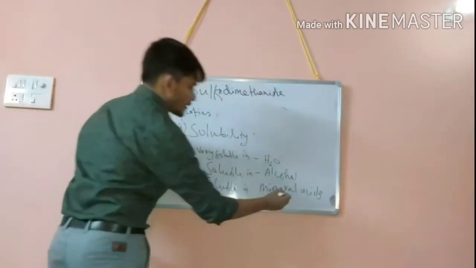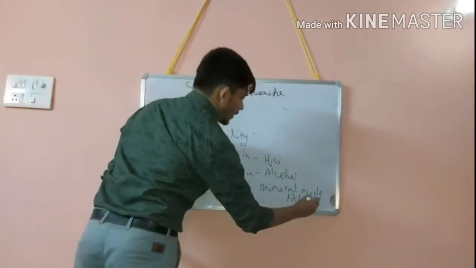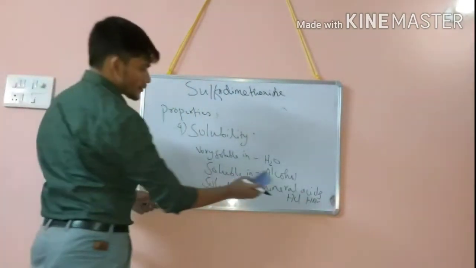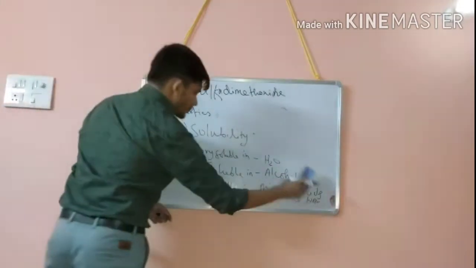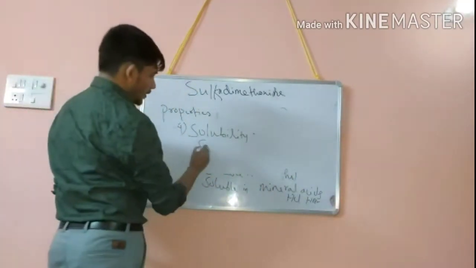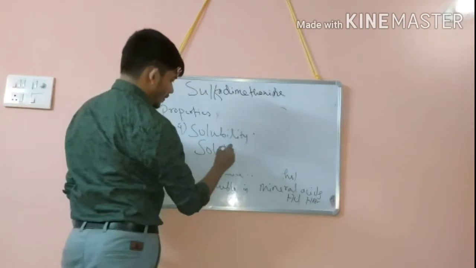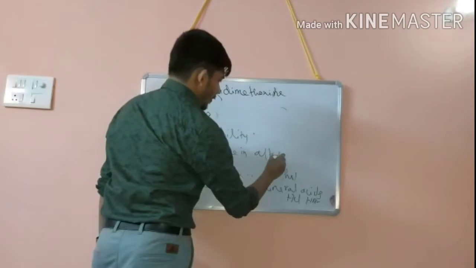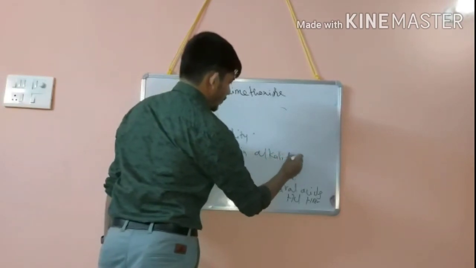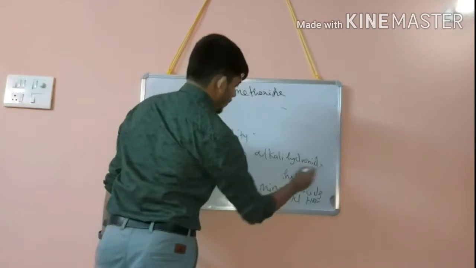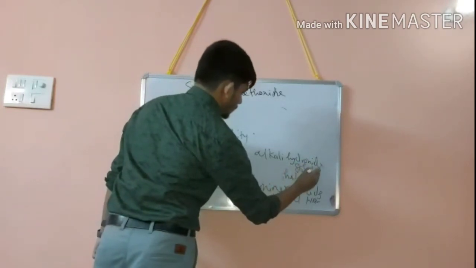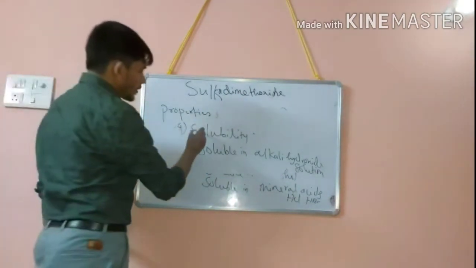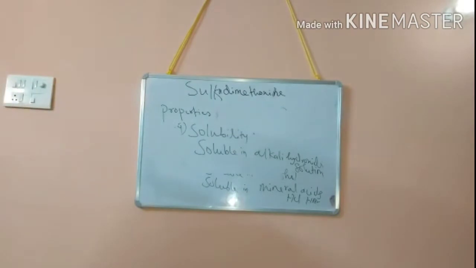Mineral acids like HCl, HBr, etc. And it is also soluble in alkali hydroxide solution. So this is the solubility profile, the information about the solubility of sulfadimethoxine.